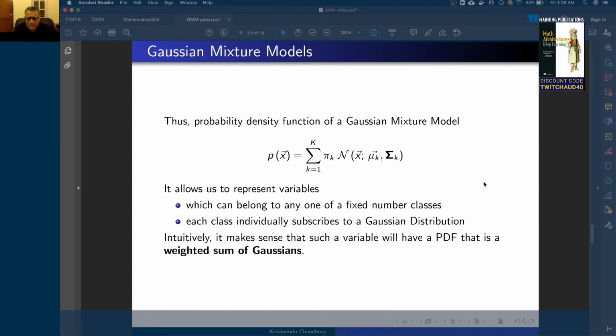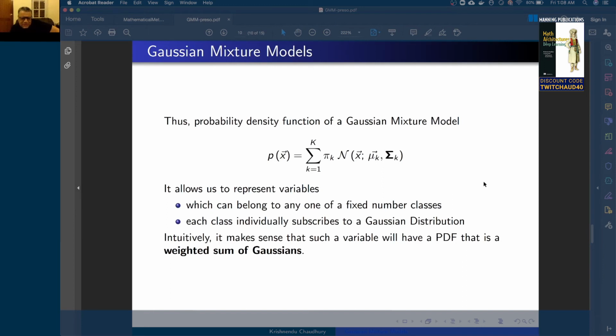This is roughly what I was trying to say in the last slide. The overall probability of a variable which can belong to any one of a fixed number of classes, where each of those classes is itself a Gaussian distribution, can be expressed by the formula shown here.